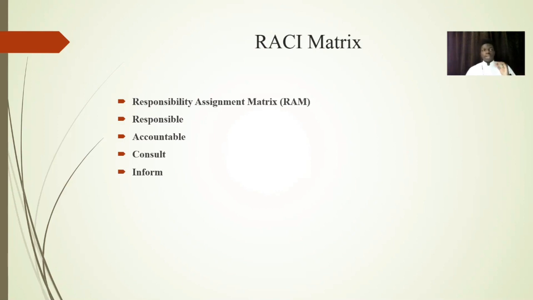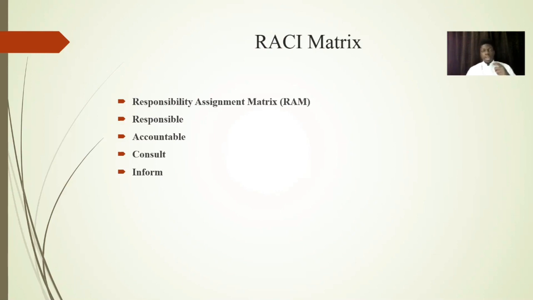The consult is the person that we are going to ask or get advice from about the task. So he is not much responsible about the task, but he can help the accountable by information, by advice, and so on.